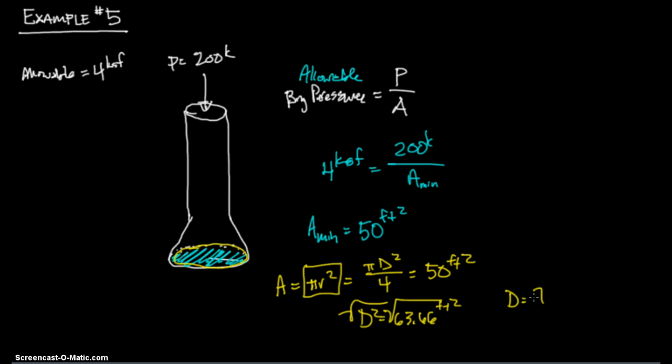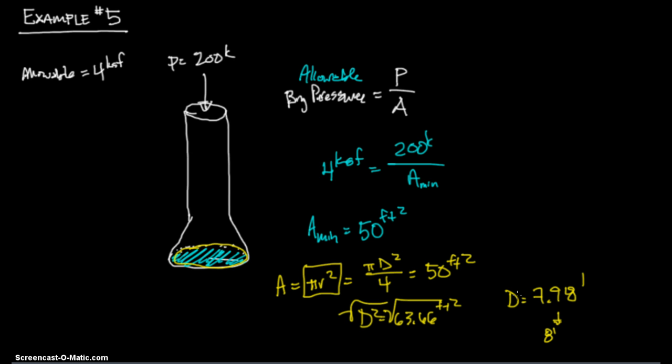D equals 7.98 foot, because the square root of the units squared is just plain old feet. And then you're going to want to round up to 8 foot.